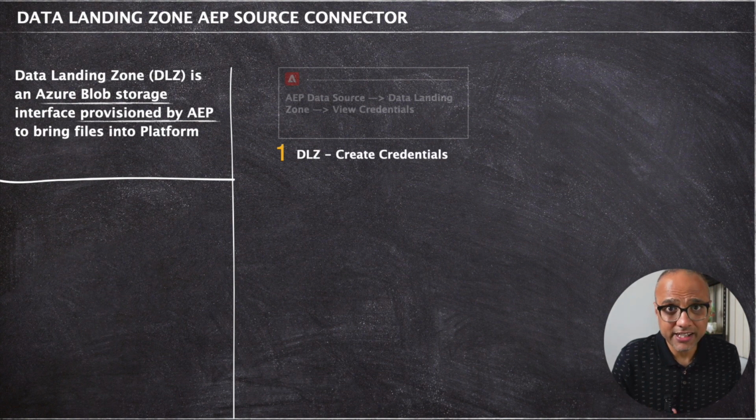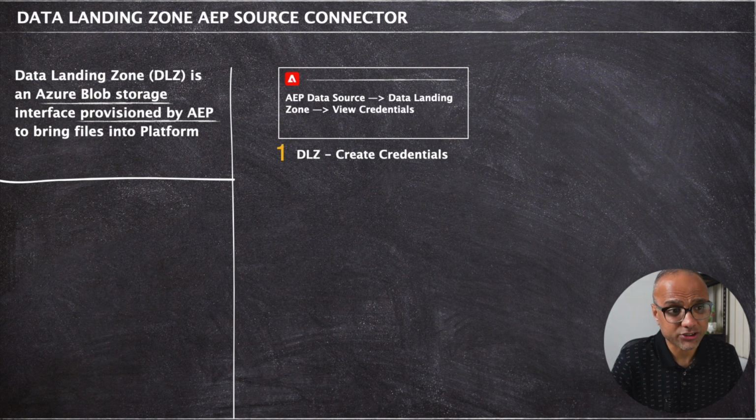So to get started, the first thing you'll have to do is obviously go into Adobe Data Sources within the Experience Platform, and you'll obviously have to go to a specific environment and then get the credentials for the Azure Storage Explorer.